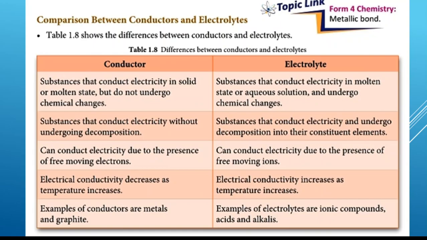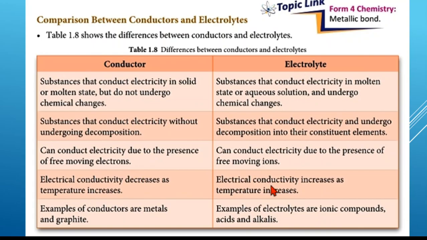Okay, kita akan melihat ini dalam proses electrolysis nanti. Conductor can conduct electricity due to the presence of free-moving electrons. Electrolyte can conduct electricity due to the presence of free-moving ions. Conductor, electrical conductivity will decrease as the temperature increases.